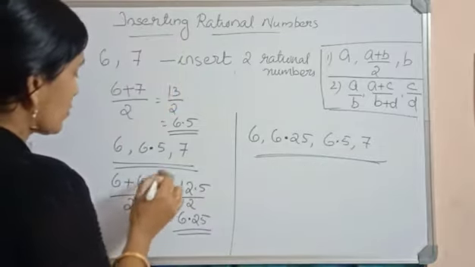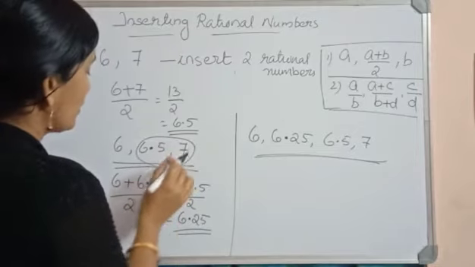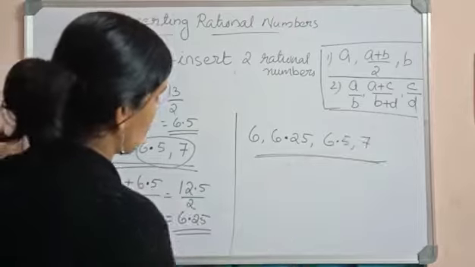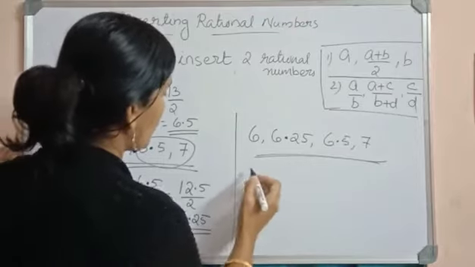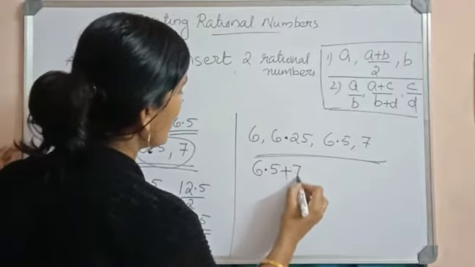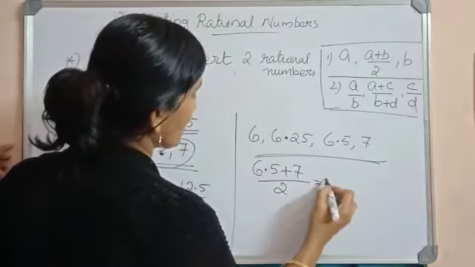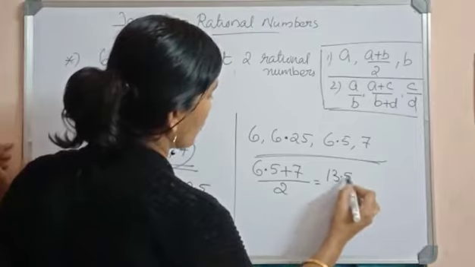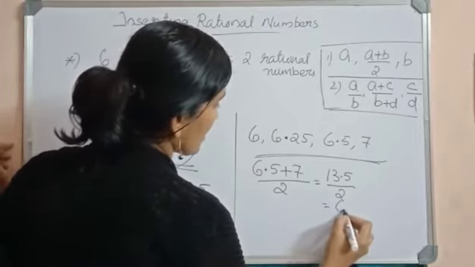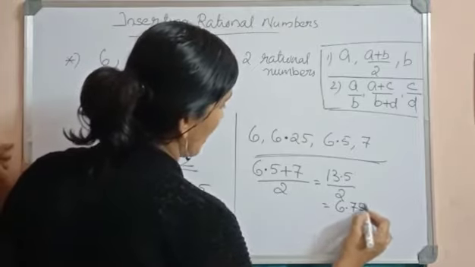In case you are considering the last two numbers, then you would have got another number and that should be written in between these two. Let's consider that also. If you are considering (6.5 + 7)/2, you are getting 13.5 by 2, and that is the same as 6.75.